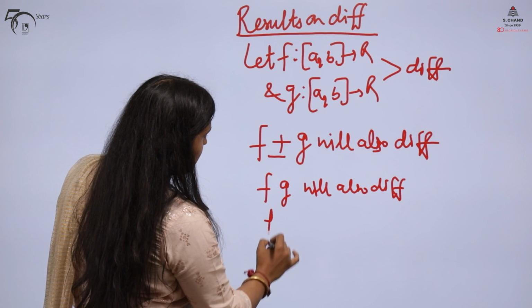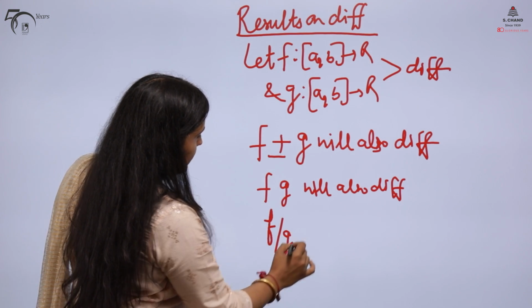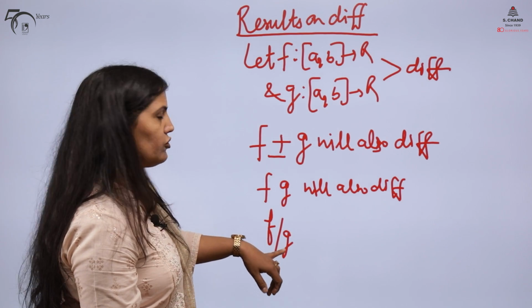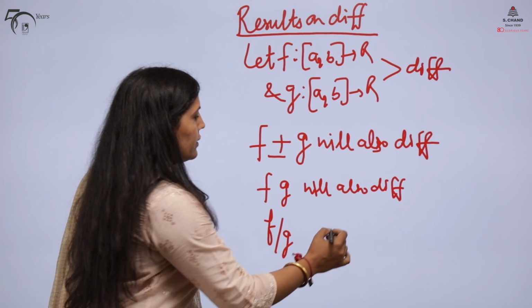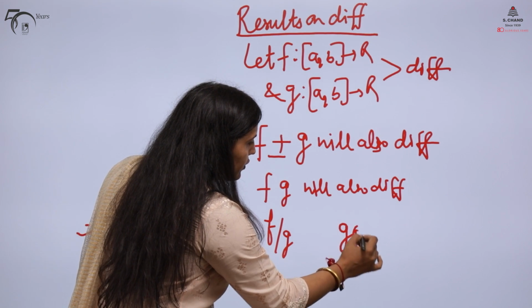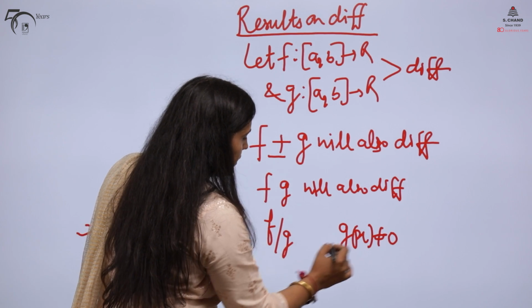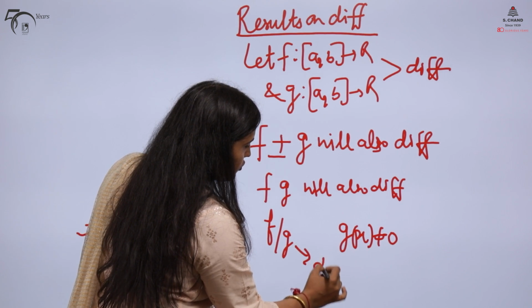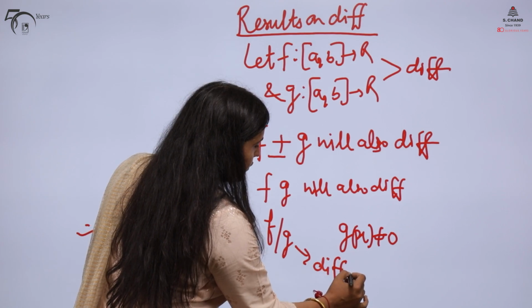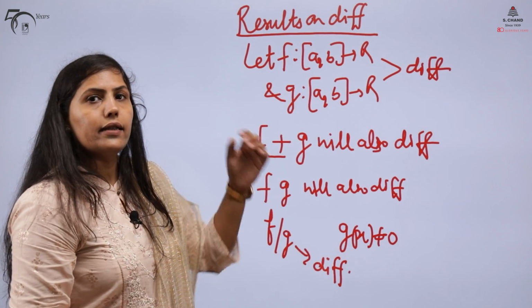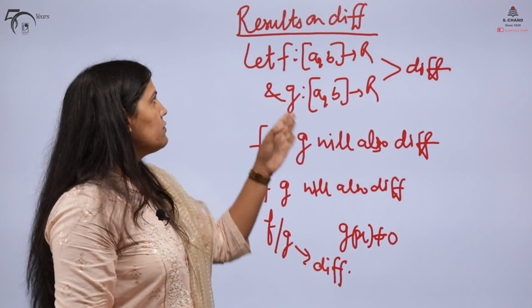And the last is the division, but for division you have to be very particular that the denominator function g(x) should not be equal to 0, then this division function will also be differentiable.